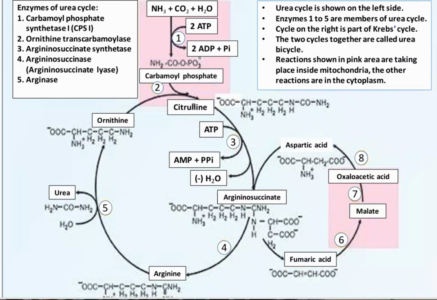Now this citrulline combines with aspartic acid to form argininosuccinate with the help of argininosuccinate synthetase enzyme. Earlier we discussed that synthetase means ATP is used, that is ATP is converted to AMP plus PPi, and 1 molecule of water is removed in this reaction.